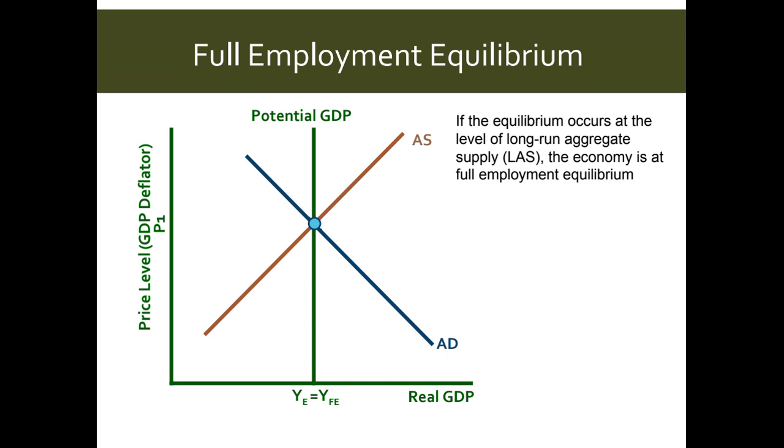Now, once you know this full employment equilibrium situation, then we discuss these two gaps, that is recessionary gap and inflationary gap. Because all the time it is not necessary that you have equilibrium real GDP, which is also at full employment. Sometimes you have less than full employment equilibrium point, and sometimes you have more than full employment equilibrium point. How come a country can produce more than full employment?